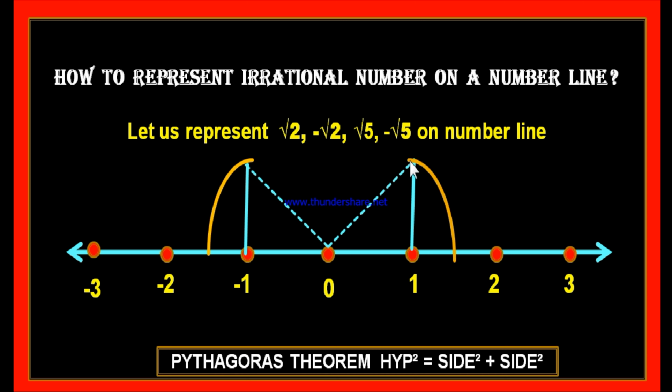Now we know that this length is equal to root 2 units and this length is also root 2 units. Therefore, the distance from 0 to this point of intersection is plus root 2 units, and the distance from 0 to this point of intersection on the negative side of the number line is minus root 2 units.